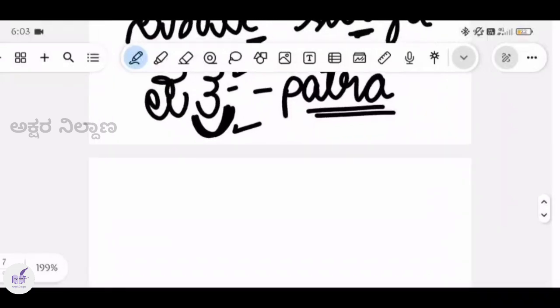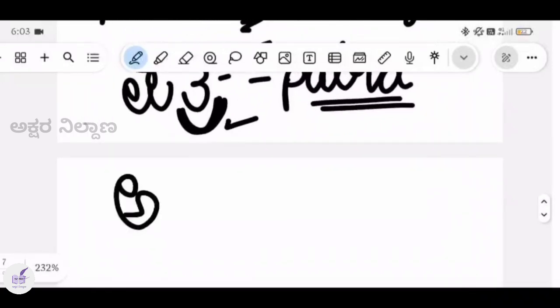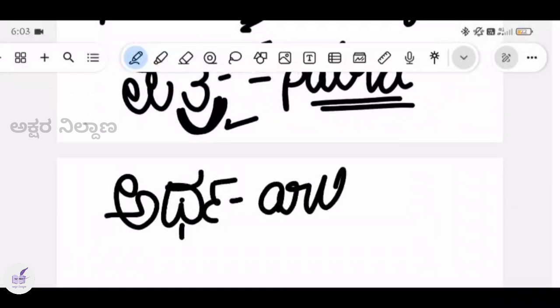Okay. In the same way, if you take the word artha, first comes the Ra pronunciation. That is why we have written this vattu.